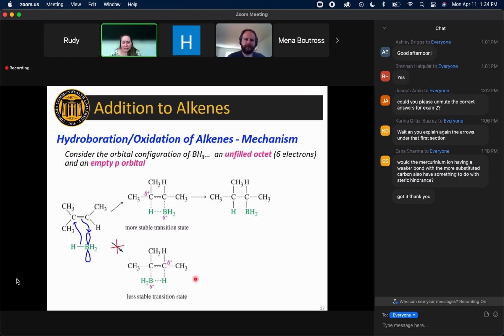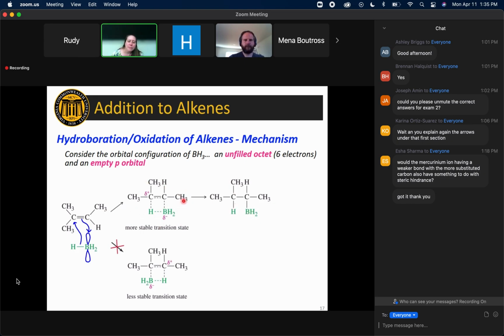So this less stable transition state is high enough in energy that you do not see it happen. What you see happen is the more stable transition state where the boron goes on the less substituted side of the double bond and the hydrogen goes on the more substituted carbon.